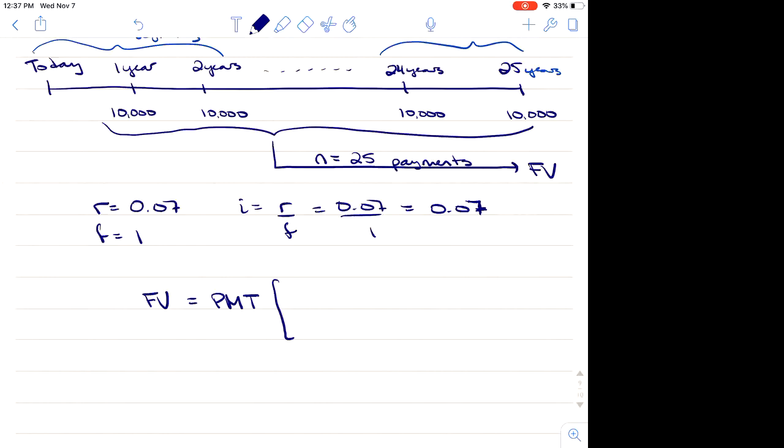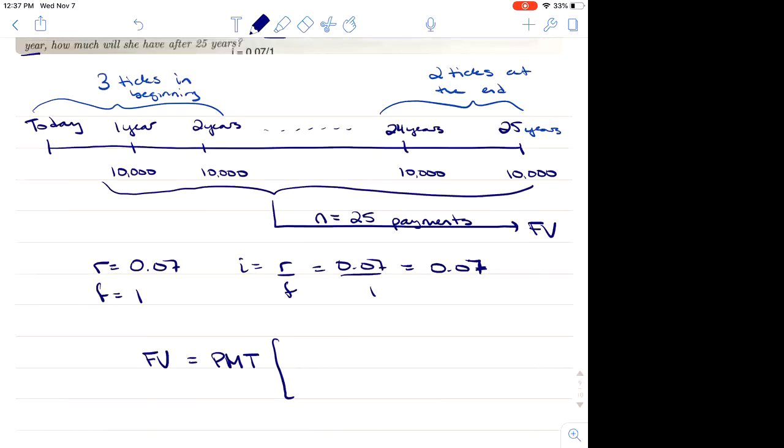Or if you're still kind of wrapping your head around present value, future value, think of it this way: the present value is always on the left and the future value is always on the right. So the arrow is going to whichever one you're calculating. That's just a little note.